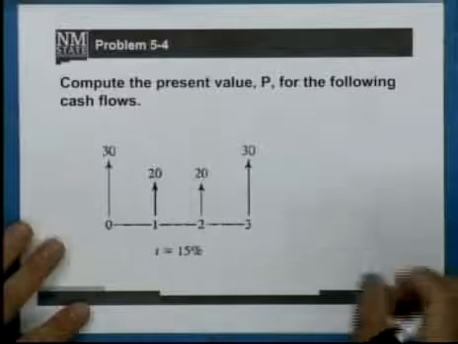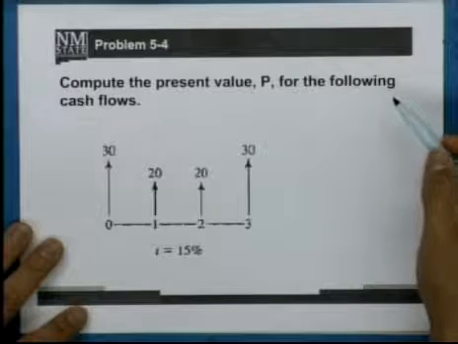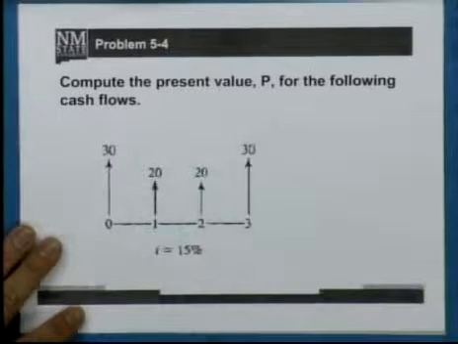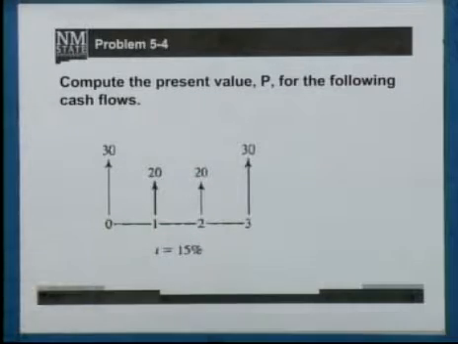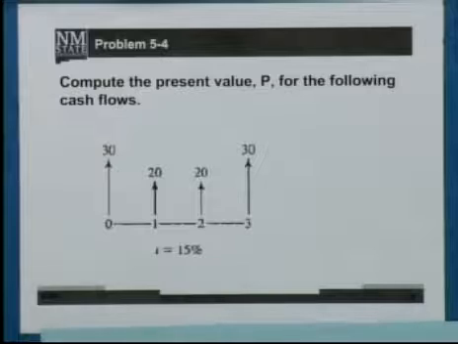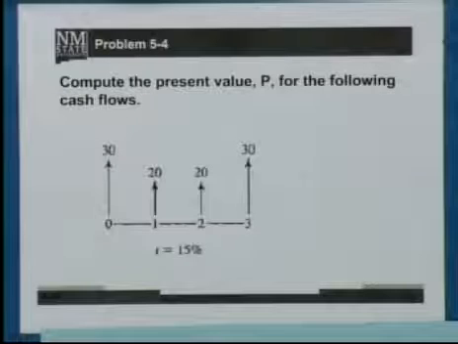Again, we need to compute the present value P for this cash flow diagram. So how do you compute the present value P in this case? There are several possible ways.